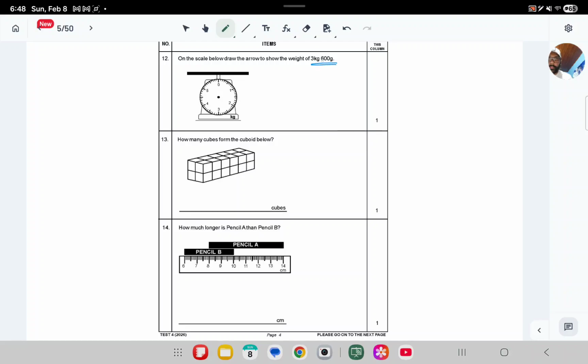So we need to convert this into kilograms. So the 600 grams we divide by 1,000. Whenever we divide by 1,000, we move the decimal point 3 places to the left hand side, and that will give us 0.6. So 3 add 0.6 would give us 3.6 kilograms. So we need to draw the arrow 1 stroke after the 0.5.